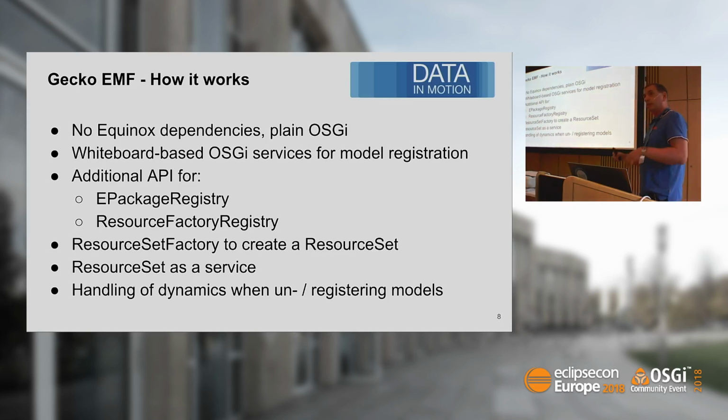And then we combine that stuff together in our own registry, which collects all these whiteboard model registrations for EPackages or resource factories. And then we got our own registry. In addition to that, not only ResourceSet, we also have a ResourceSetFactory to create ResourceSets as we like.